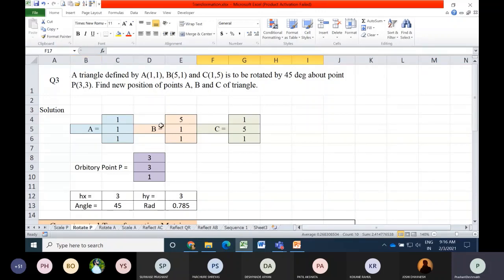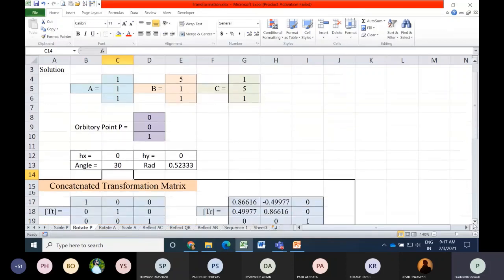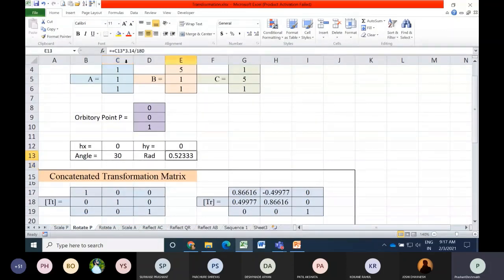Now the coordinates are okay. Then this arbitrary point is the origin, so we will put the point as origin. Now the angle, instead of 45, we will go for 30 degrees. So this is the radian value, multiplied by pi divided by 180.